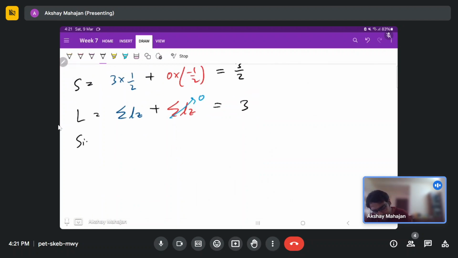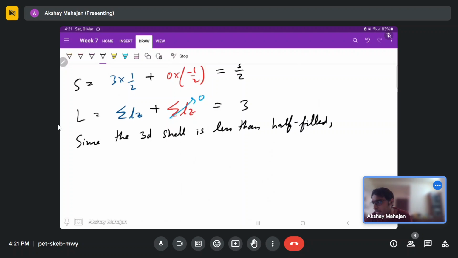And again, since the 3d shell is less than half filled, we will have J equals to mod of L minus S, there will be 3 minus 3 by 2, and it will be equals to 3 by 2.